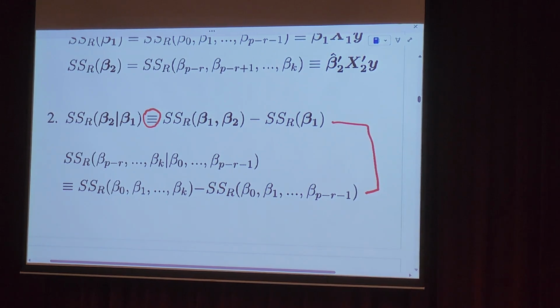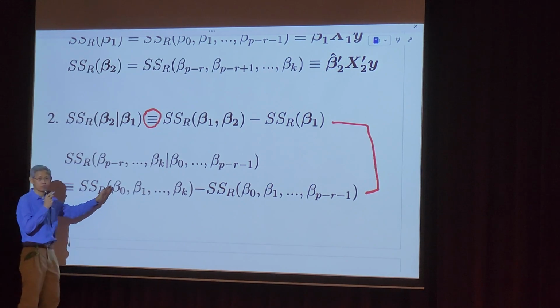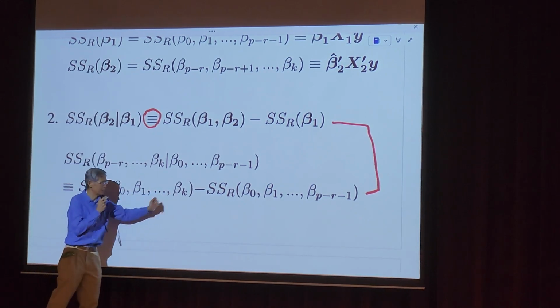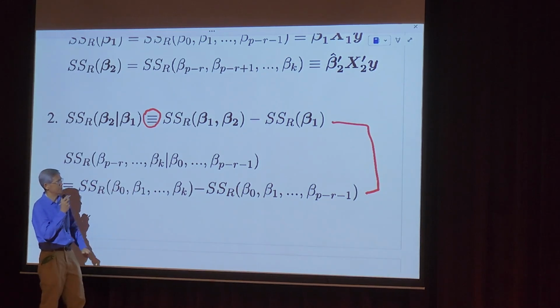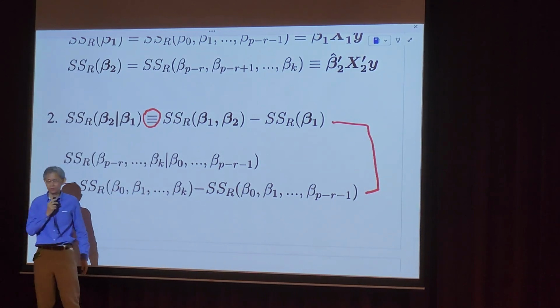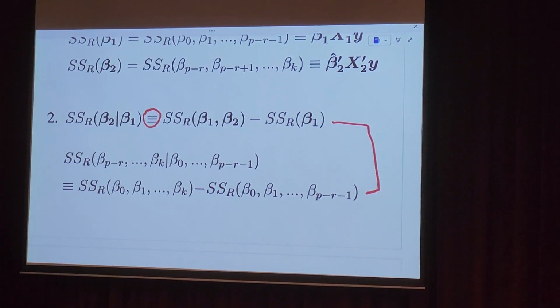I'm just writing out all the betas for you to see. Beta 1 and beta 2 together is beta naught to beta k. And then beta 1 is just the first p minus r regression coefficients. Can you follow?